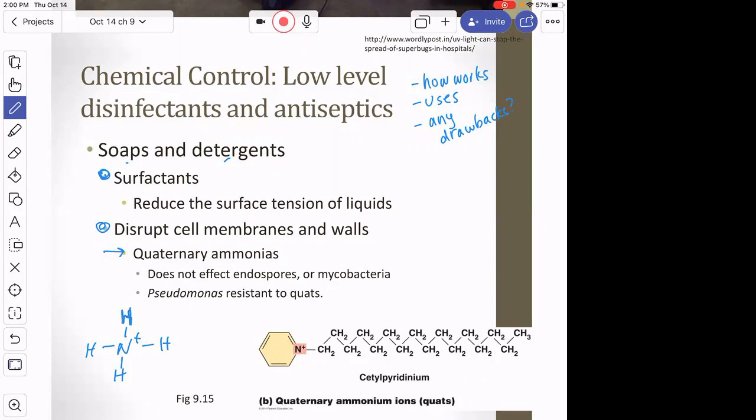So I went back through. In the future, your examples in your book are a little bit better than this one. This one's kind of hard to see, but there is a valence of 4 here, and the 1 hydrogen is going to be replaced with this huge, hydrophobic group. So this long arm here is going to be really good at inserting into membranes.